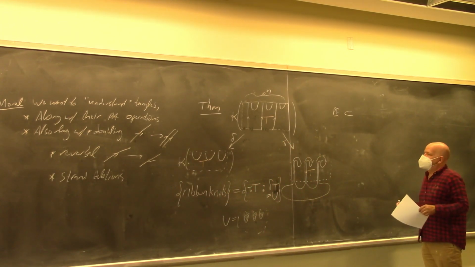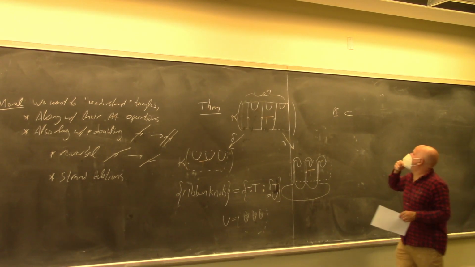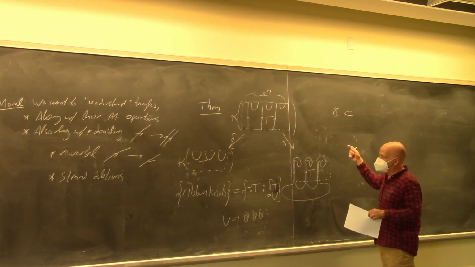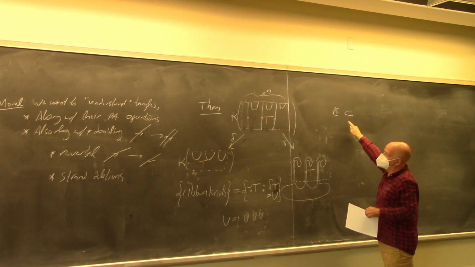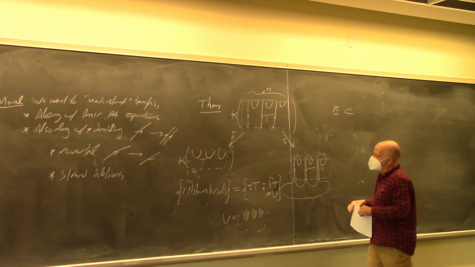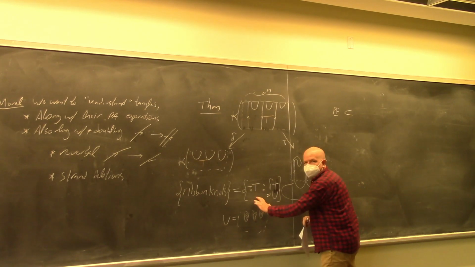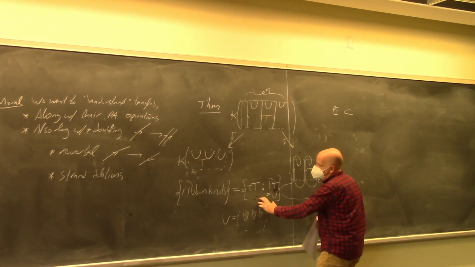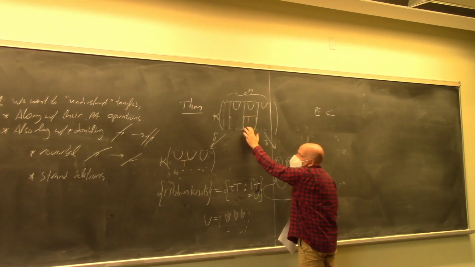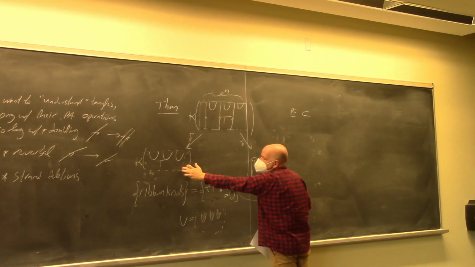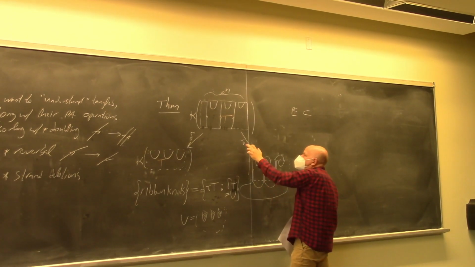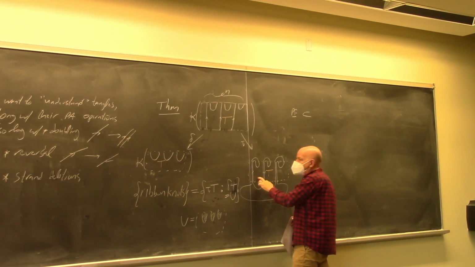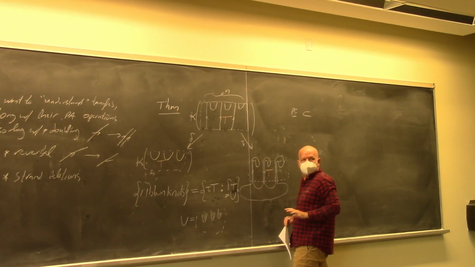Okay, so again, we need to prove two inclusions. So let's do the easy one first. Suppose you are in this set. In other words, suppose you have a T whose delta is the untangle and whose tau is our knot.